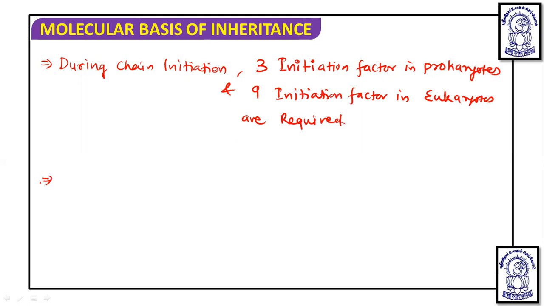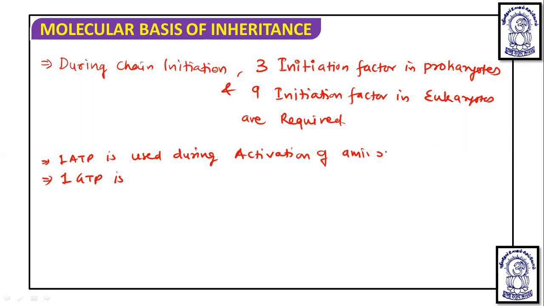After this, we remember first one ATP is used during activation of one amino acid, and one GTP is used when a charged tRNA reaches the A site.